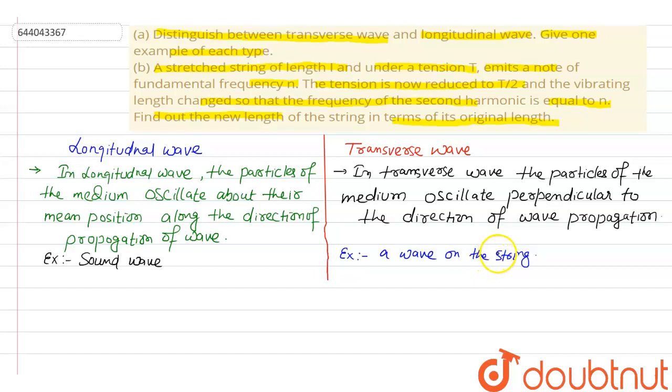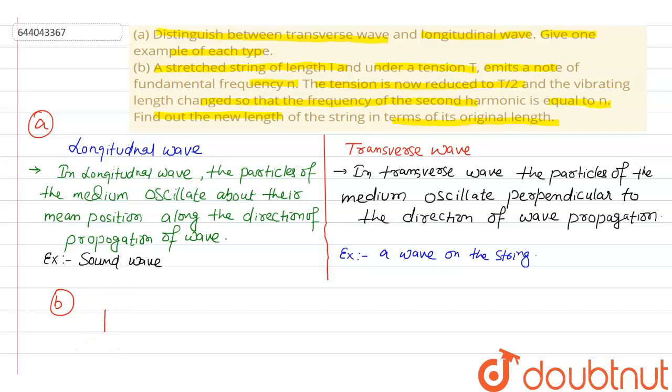Now move to the second part of the question. This is the first part A, and now we have to solve the second part. In the second part, it is given that a string is stretched between two fixed supports.